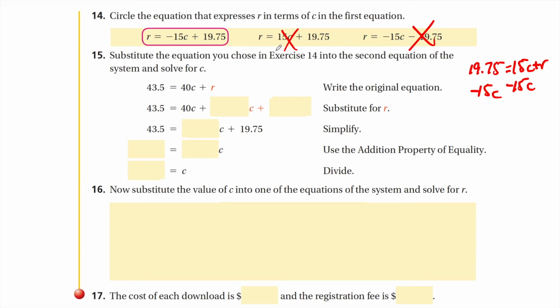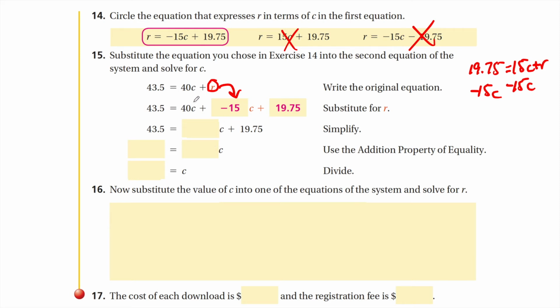Substitute the equation you chose in exercise 14 into the second equation of the system and solve for C. So let's just plug it in. We know that the number next to the C value is going to be that negative 15, and we know that that number by itself will be the $19.75, so we just plug it straight in. Now notice, this R is what we changed to the negative 15C plus the 19.75.